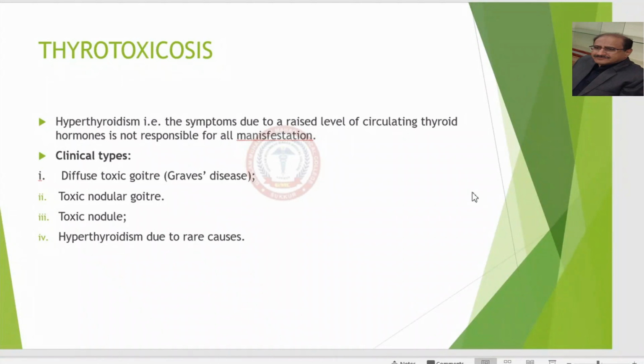The goiter is diffusely enlarged, meaning the whole of the thyroid gland is enlarged, a general enlargement that is giving the signs and symptoms of toxicity, so we call it a toxic goiter. But it is diffuse, generalized.